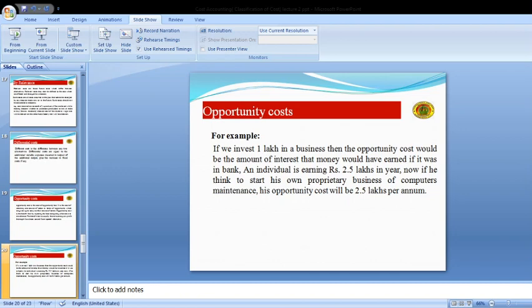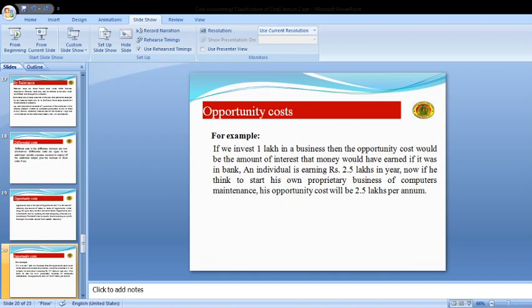But you also have your opportunity cost. If you are doing a job and getting a package of say 10 lakhs, then in 2 years you are losing 20 lakhs. That is the opportunity cost. So the cost of doing MBA is opportunity cost of 20 lakhs plus cash cost of 12 lakhs. So the total cost of doing MBA is 32 lakhs.